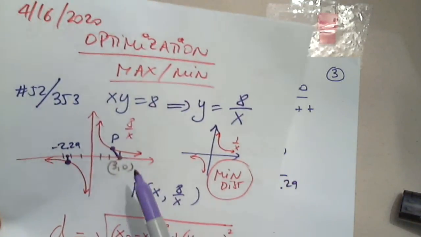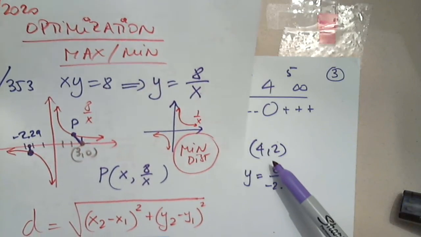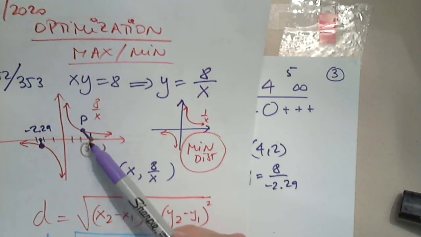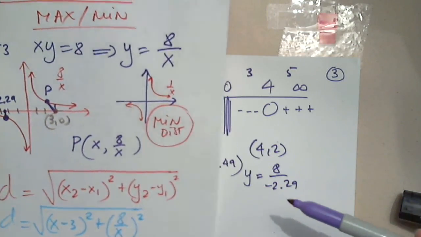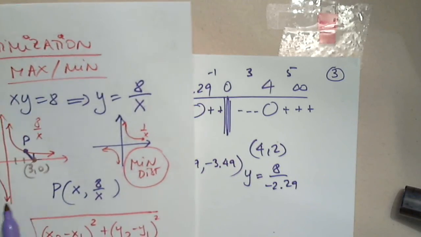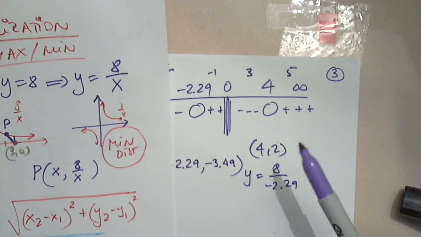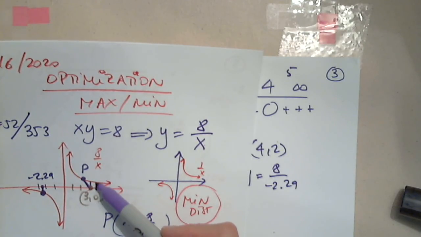So we get negative 2.29 and negative 3.49 and 4 comma 2. I see.